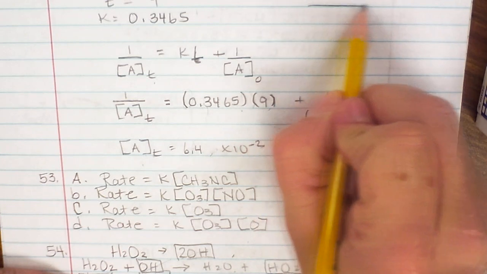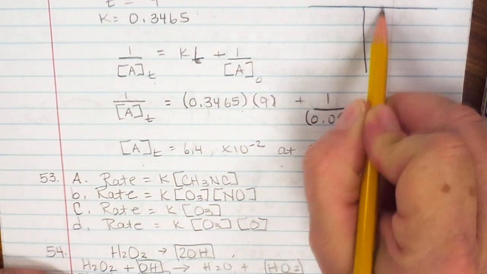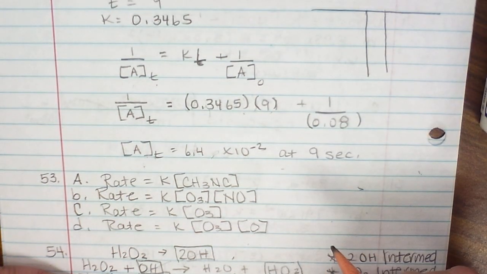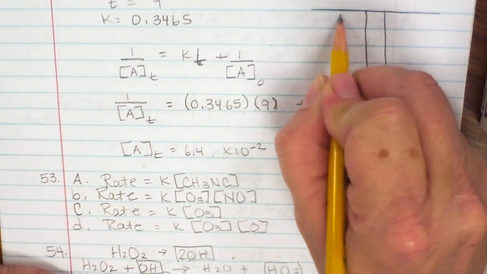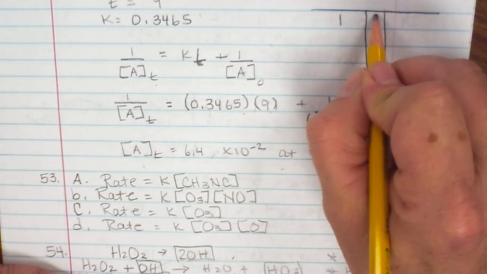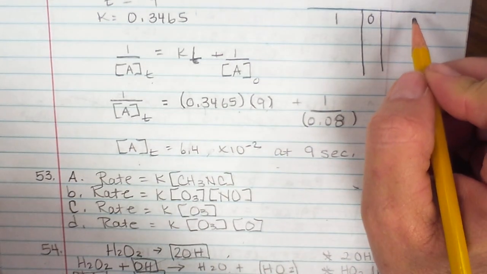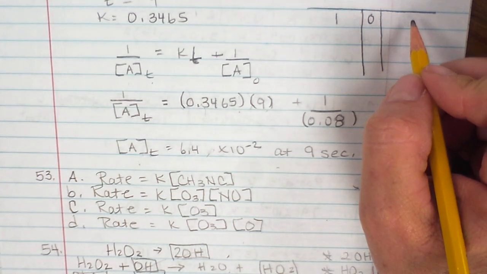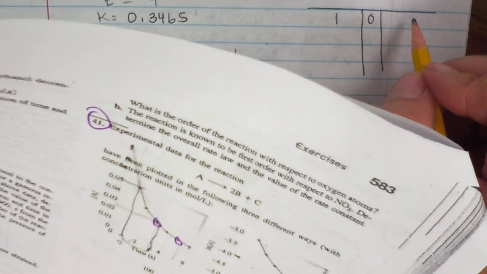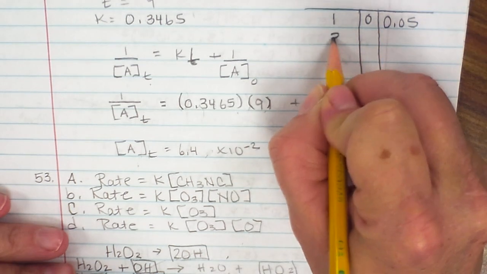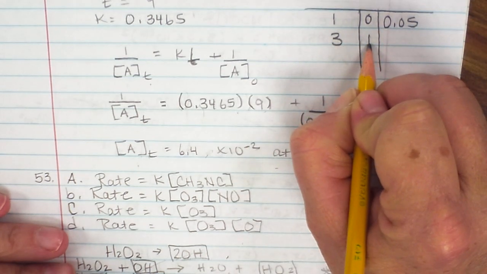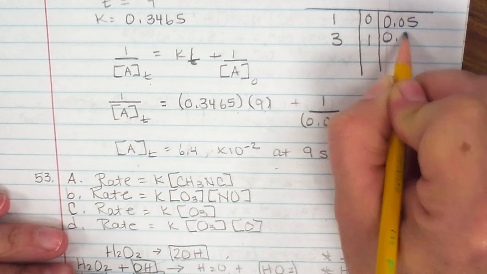Yeah, so you remember that grid that I set up here? Do you remember the grid? So, okay, so starting at 1 second, so time at 1 second, 0 half-lives have passed, and you're gonna say 0.05, right? And then you're gonna say at 3 seconds, 1 half-life has passed, and 0.025.